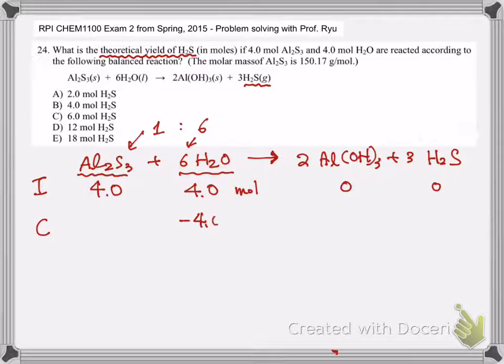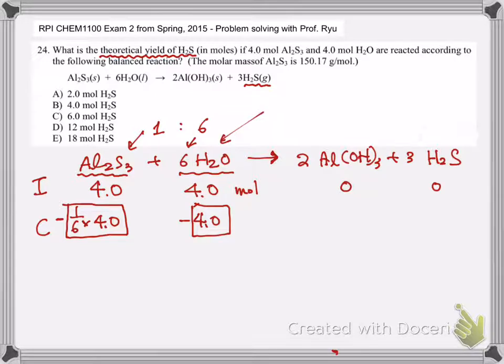That's the 4.0 of water that will be completely used, while the Al2S3 is 4.0, and they only use 1 over 6, right? 1/6 of the amount will be used. Minus means they're being consumed, and this is essentially the amount of Al2S3 being used, whereas the water is completely used.